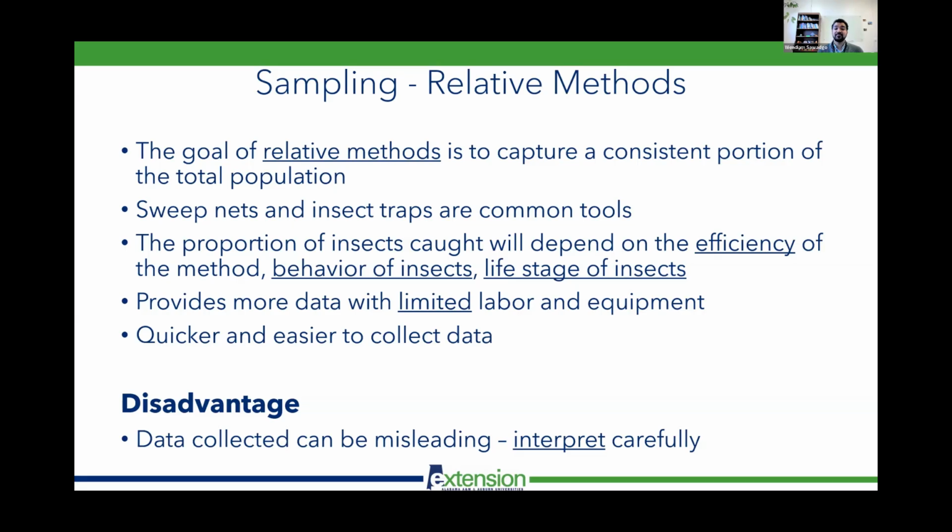They are able to do so really quickly. Now, the disadvantage is that data collected can be misleading. And so we need to take into account that we're not using an absolute method, that this is a relative method. And so we can compare within a field, maybe the differences of an outbreak, but we can't necessarily say what that means overall.